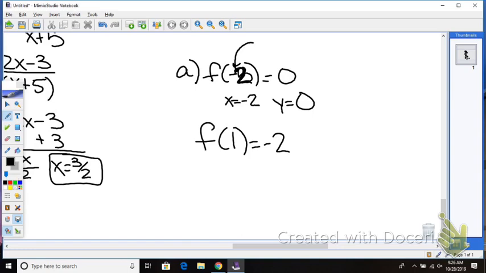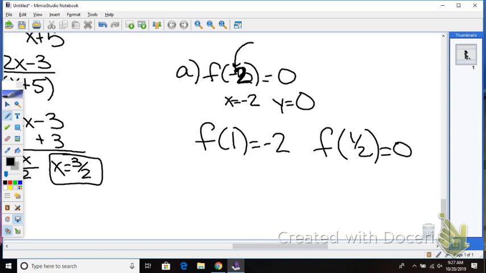Okay, now let's look at C, which is f of 1/2. So find 1/2 on the graph. I'm going to hold this up so I can actually see it. What is the y value? 0, because it's crossing right at 1/2. So this would be 0.